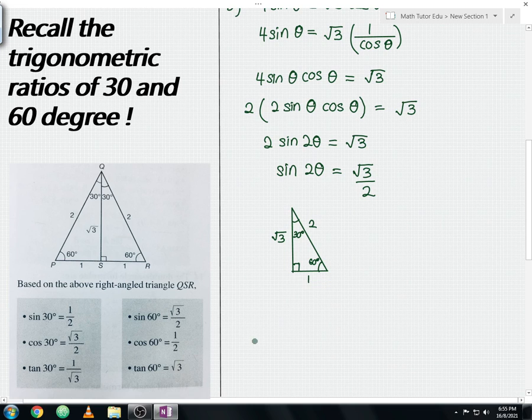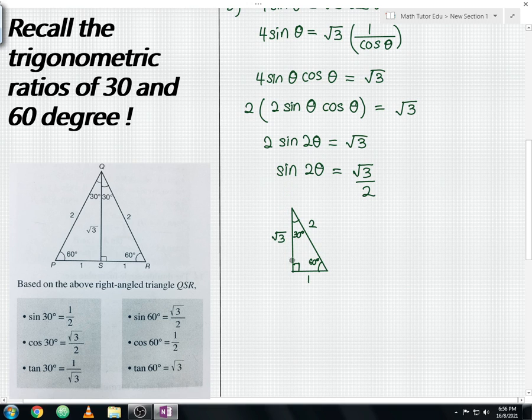From here you can easily find the angles which correspond to square root 3 over 2. In order to find 2 theta, you take sin inverse of square root 3 over 2. So we need to find the angle corresponding to the sine. Sine is opposite over hypotenuse.